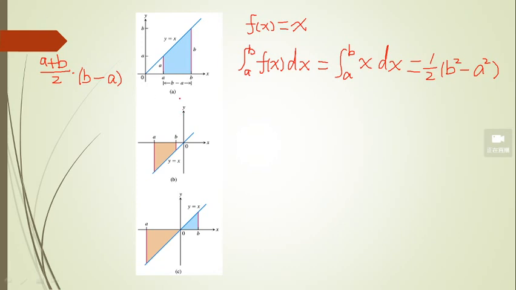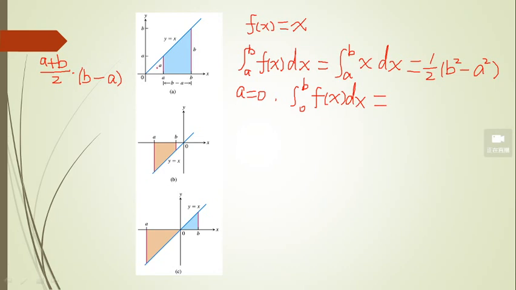And especially, what happens when a is 0? For example, if my a is 0 for this case, that becomes 0 to b, right? Of course, here b is a positive number.